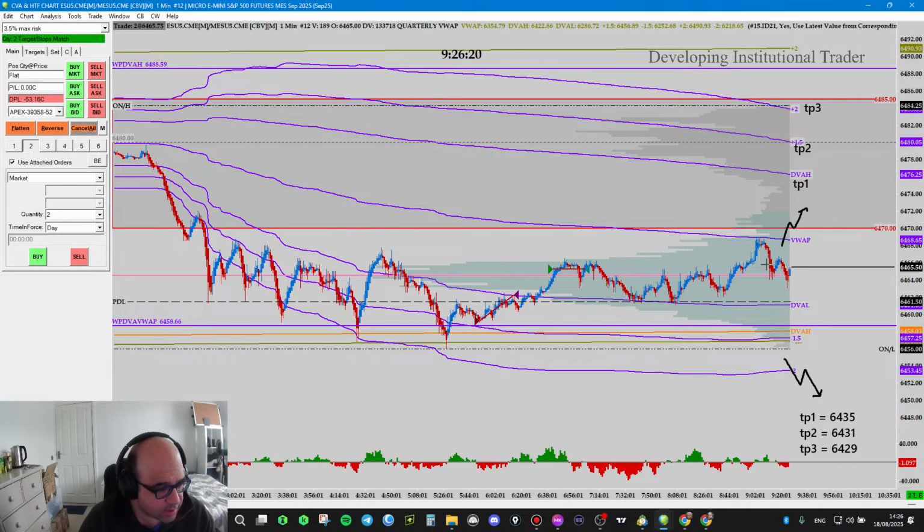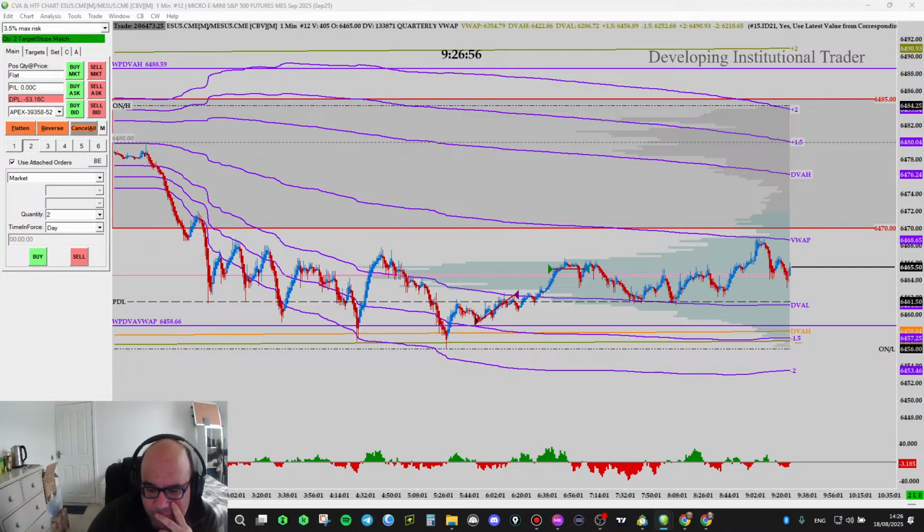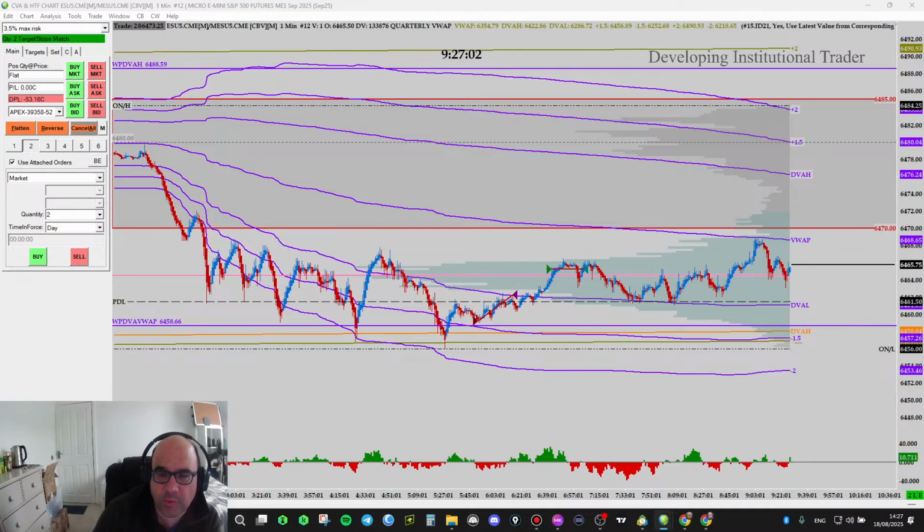There's a very tight range, it's basically about 10 points, so I'm not going to be bothered. The market opens in around 3 minutes.